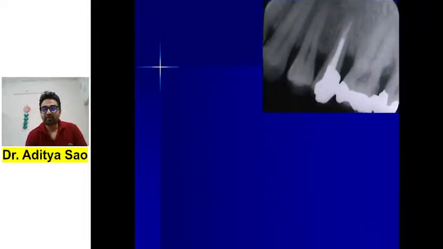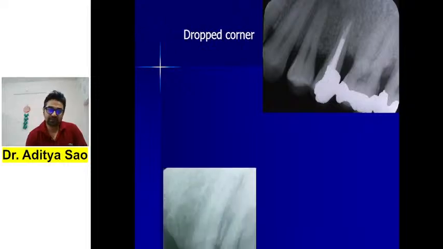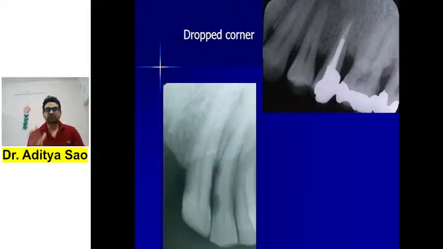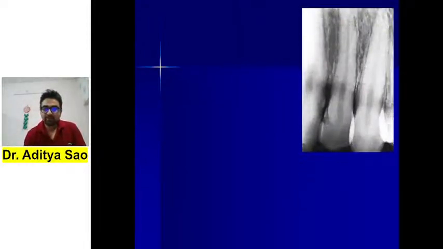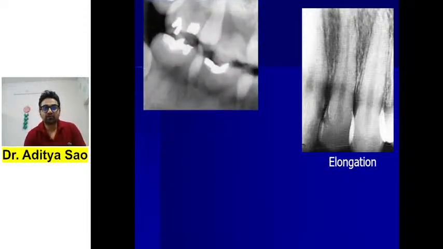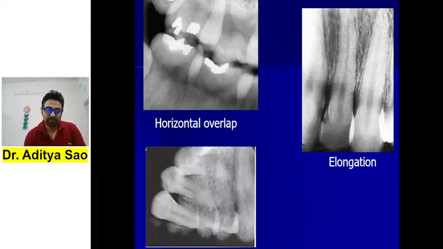This is a dropped film corner. This is a distortion because there is a bend in the film. This is an elongated image. This is a horizontal overlap. This is a double image in which a single film was exposed twice.